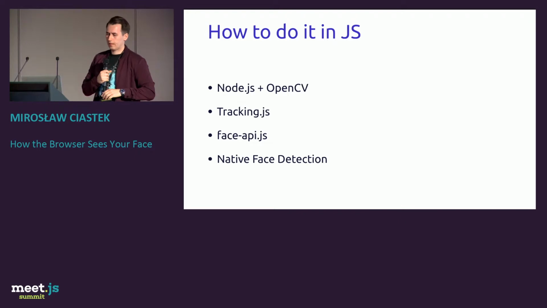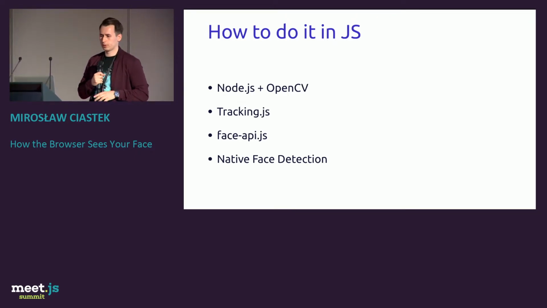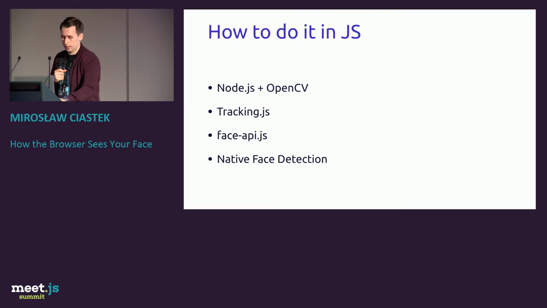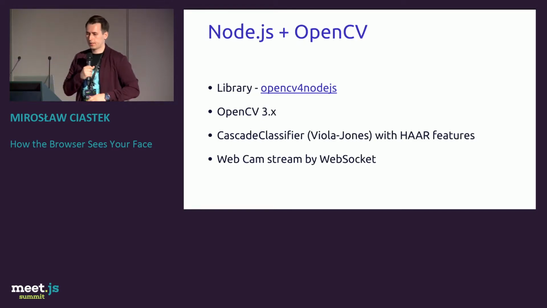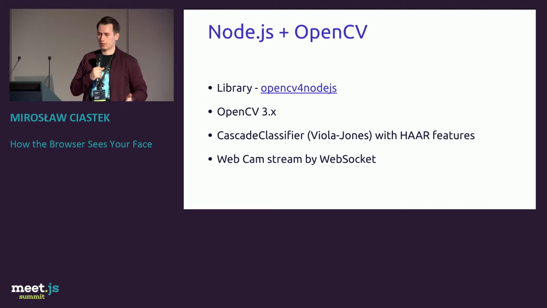So I tested 4 popular approaches, methods of building face detection in JavaScript. Only one of them requires a backend application. The 3 of them run directly in our browsers, so you don't need to connect to your server, which is great. So the first approach, the first method, is OpenCV and Node.js.